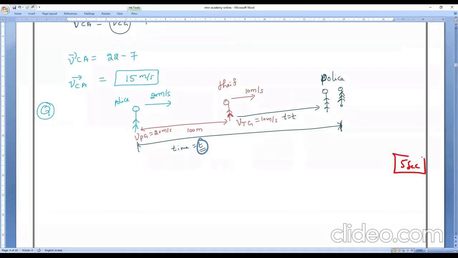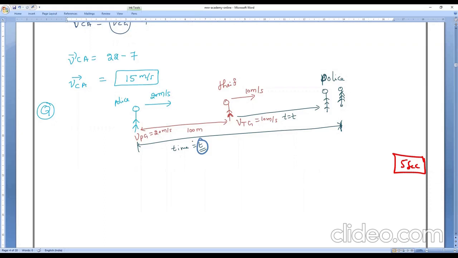In that 5 seconds, the thief also will cover some distance. The police need to travel some distance and the thief also needs to travel some distance. Is it right or wrong? If you do not understand, at least say so, then I can explain. Otherwise, what is the use?